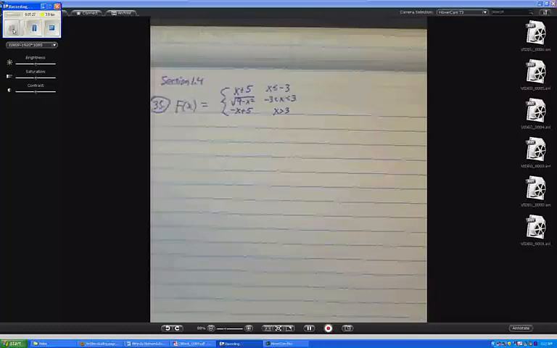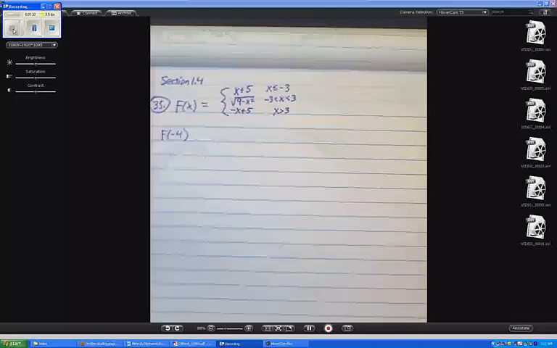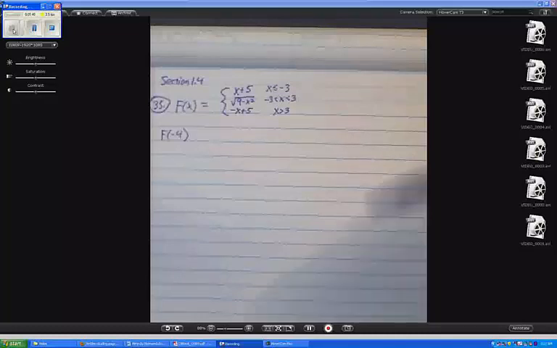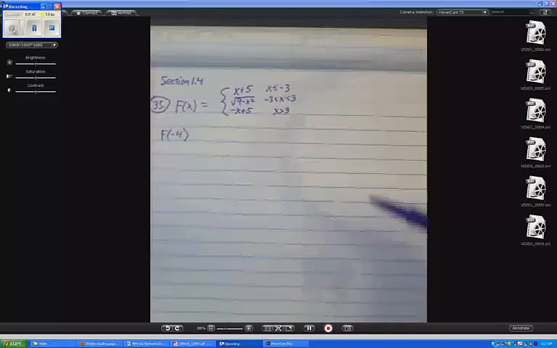So one of the first things they ask me is to find f of negative 4. I want to ask you, which line am I on? In other words, here's line 1, here's line 2, here's line 3. Which line should I use? This line 1, this x plus 5, right?